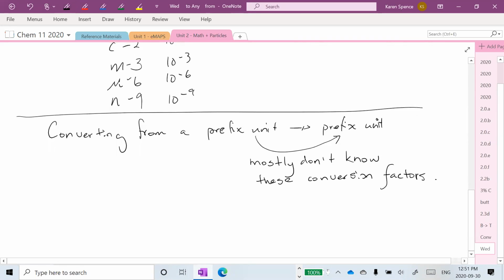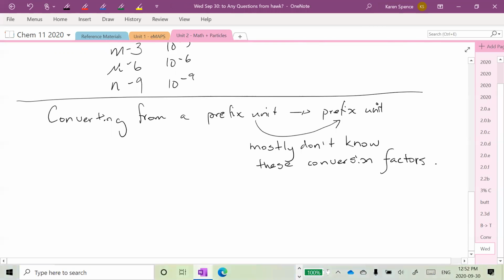But we do know how to convert every prefix unit into a plain unit. So we are always going to convert our prefix unit into our plain unit, and then we will convert it into our second prefix unit.